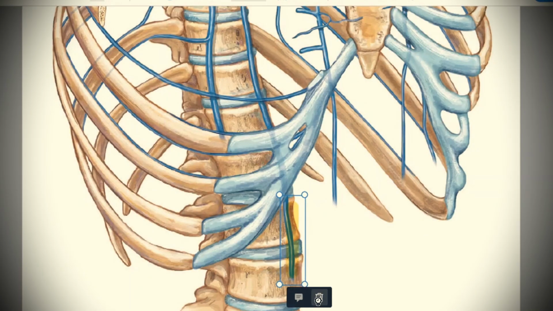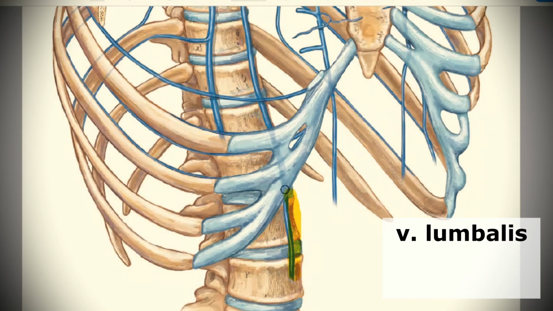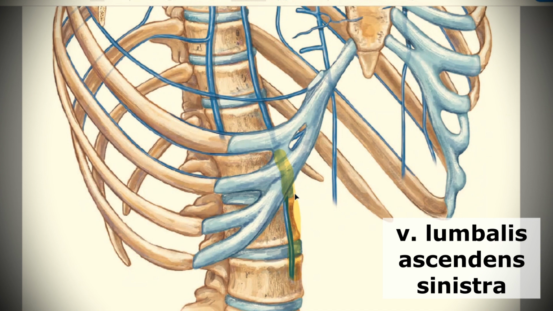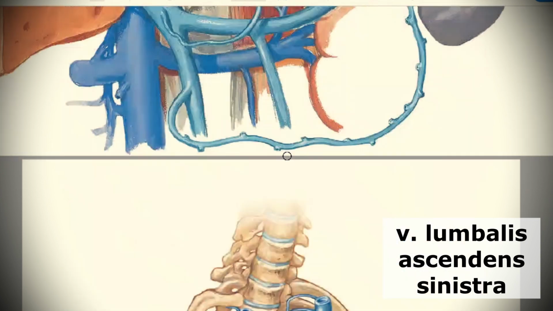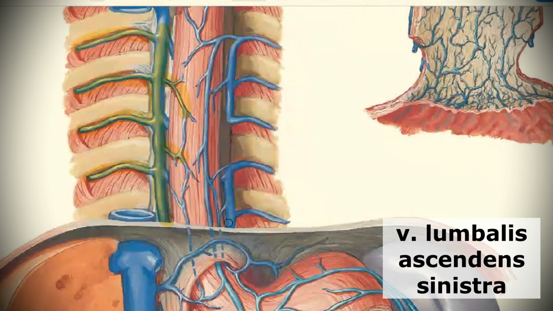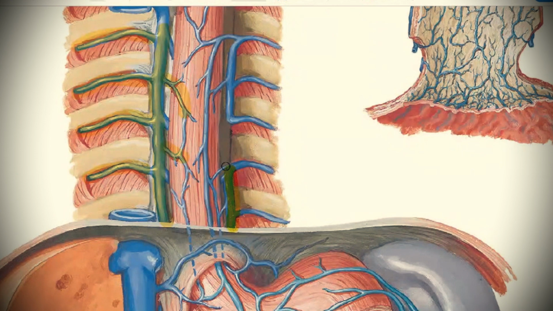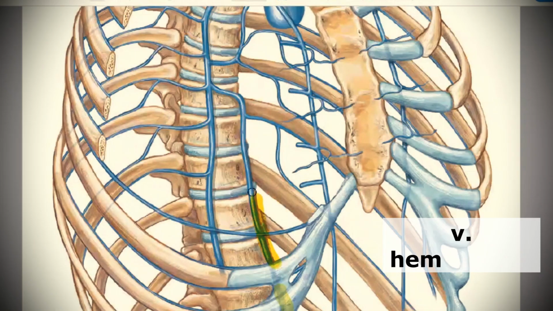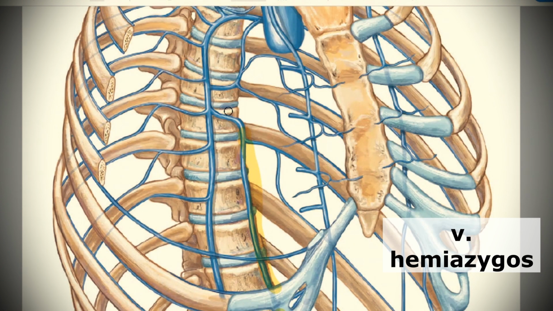From the left side we also have vena lumbalis ascendens sinistra that comes to the thoracic cavity and transforms into another vessel called vena hemiazygos. It's similar to azygos, and at the level of about the 7th or 9th thoracic vertebra, it declines to the right and falls into the vena azygos.